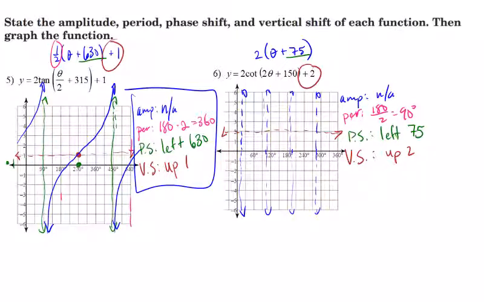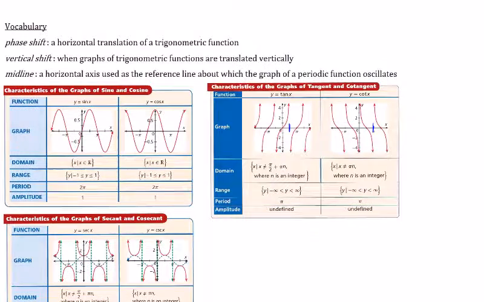All right, and so remember that with cotangent, we'll go right in the middle here. And cotangent goes down on the left, okay, up on the right.